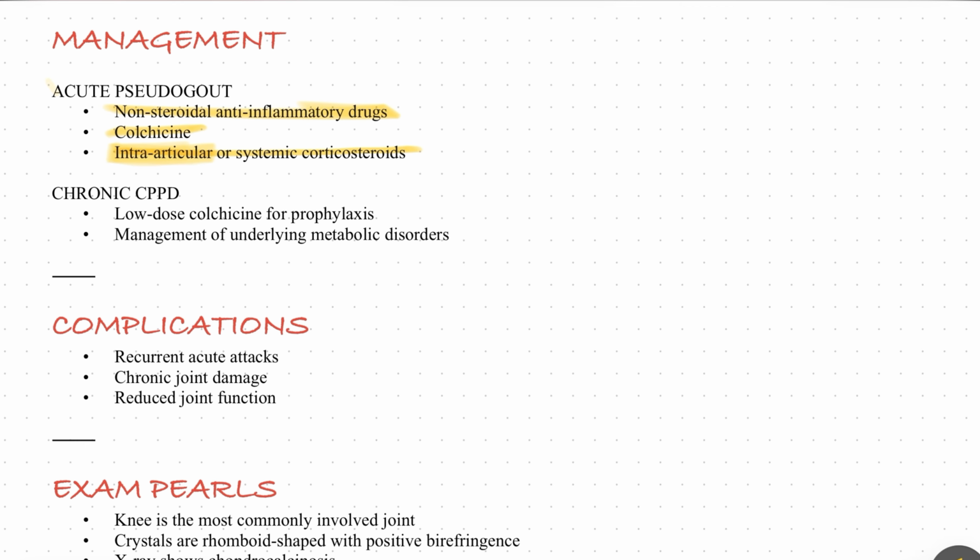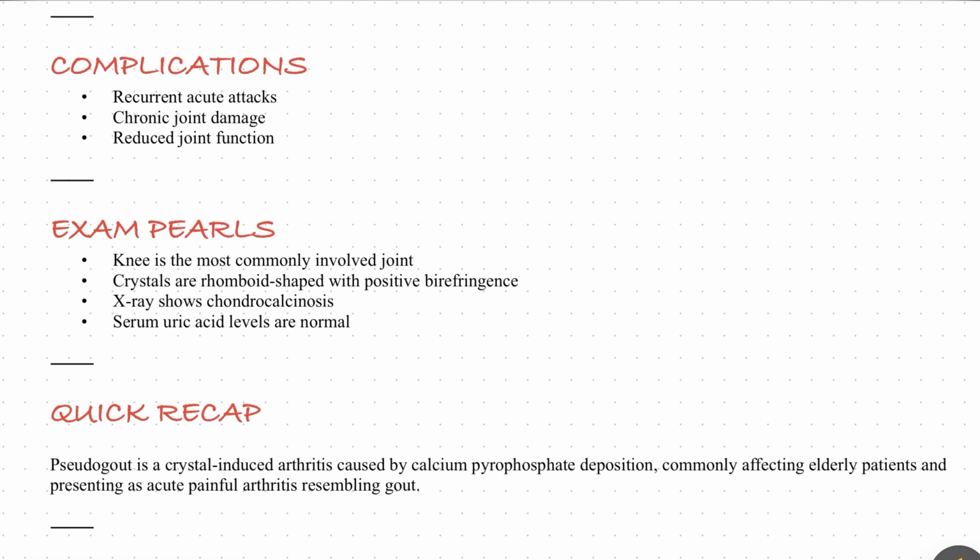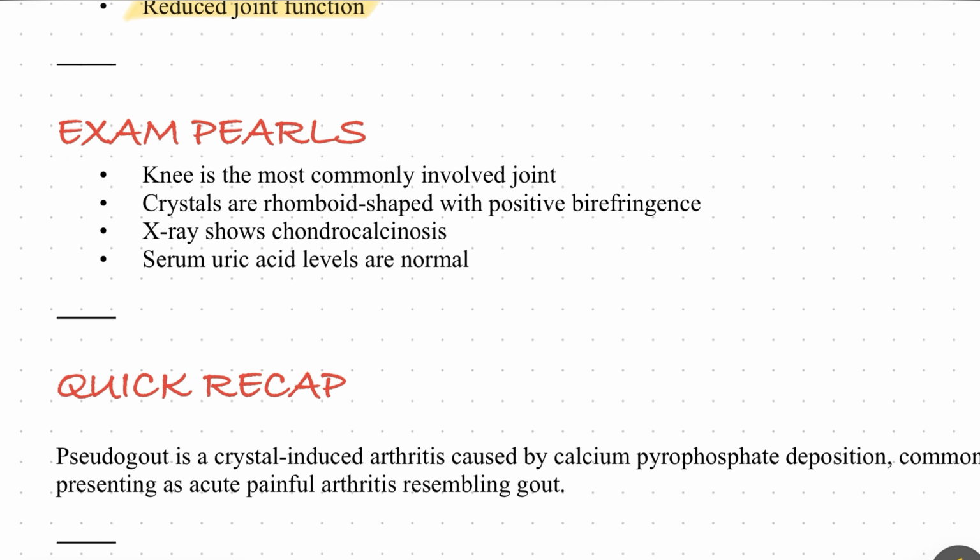Then in the chronic condition, you give low dose colchicine for prophylaxis and manage the underlying metabolic disorders. Then coming to complications: recurrent acute attacks, chronic joint pain and reduced joint function. And we are here for the examples. The knee is the most commonly involved joint.